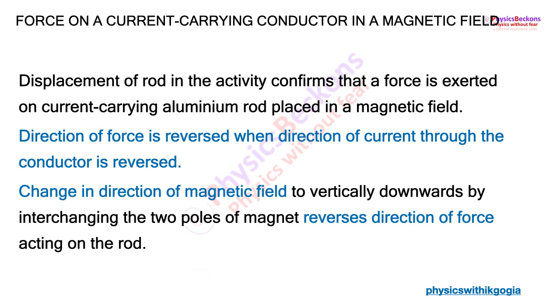This will now produce the magnetic field downward. Again pass the current through the conductor and observe the direction of deflection on the rod or direction of the force. You will see that the direction of force gets reversed.